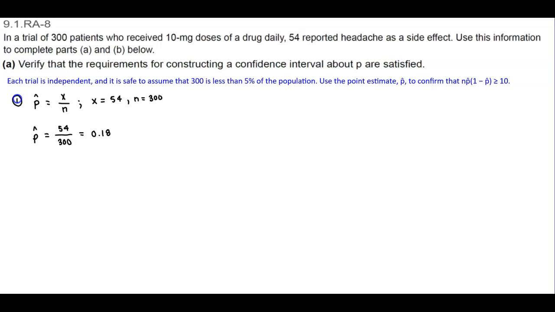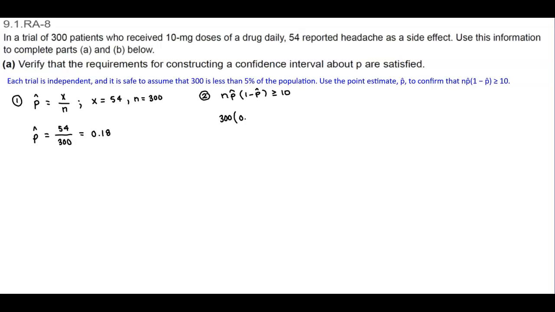Okay, so now that we've done that, we want to check and confirm that n times the point estimate times 1 minus the point estimate is greater than or equal to 10. So we know that n represents 300.